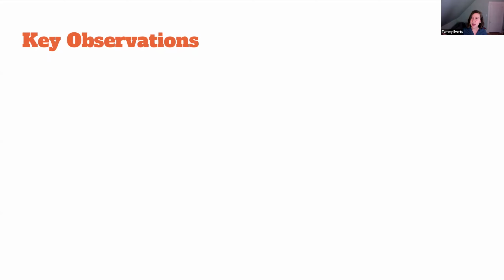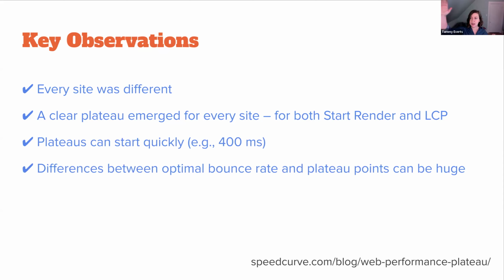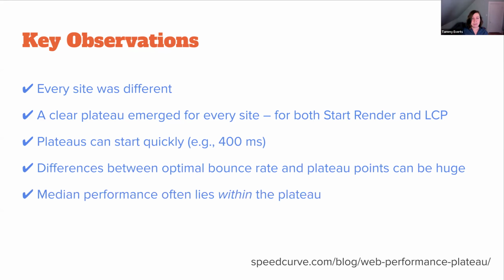We noticed that plateaus can start really, really quickly. And we noticed that the difference between the optimal bounce rate and the plateau points can be quite broad. That median performance often lay within the plateau. And really importantly, if you are using Google's thresholds as your thresholds, those thresholds might be a little too optimistic.